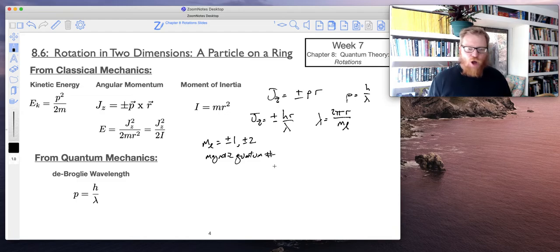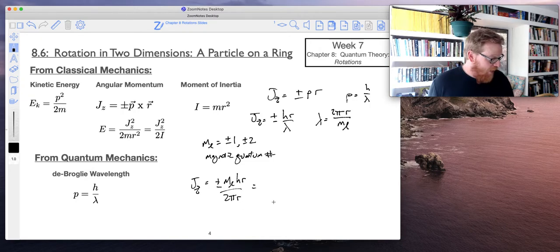Now if we keep going and we recognize that Jz equals plus or minus hR over lambda, and then we substitute our quantized solution for lambda, what we get is plus or minus ml h times R divided by 2 pi times R, and all of that is going to equal plus or minus ml times h bar.